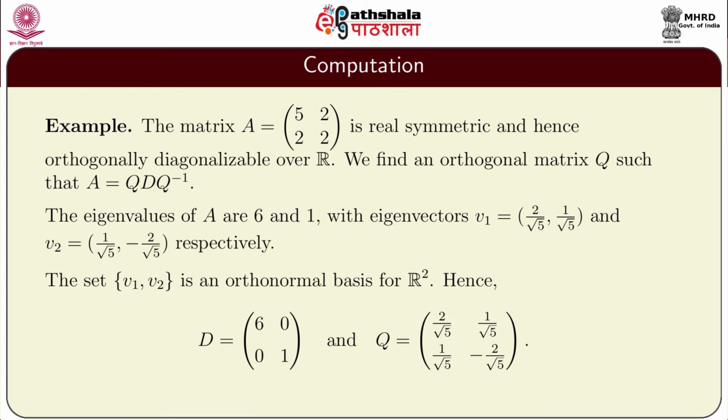Example, the matrix A, which is a 2 cross 2 matrix, first row is 5 2 and second row is 2 2. This is again real symmetric and hence orthogonally diagonalizable over R. We find an orthogonal matrix Q such that A is Q D Q inverse.